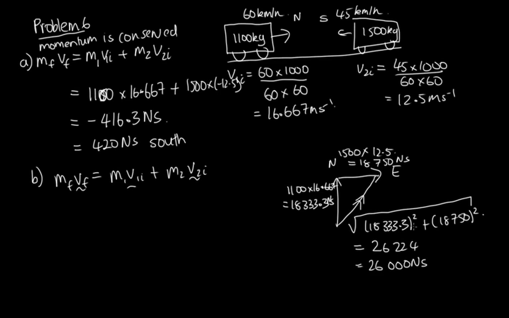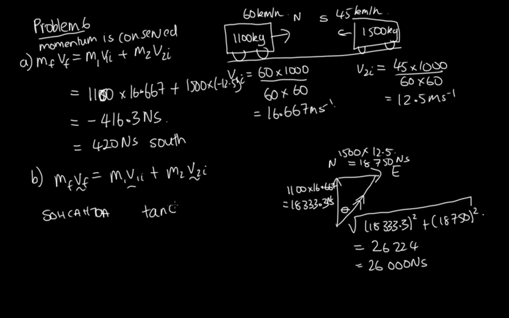Now, this is a momentum, so it is a vector, and so we should include an angle as well. So if we can work out this angle, then we'll know that it's north, this angle east. So in order to work out this angle, we can use SOHCAHTOA. And the ones we know are the opposite and the adjacent, so we'll be using tan.